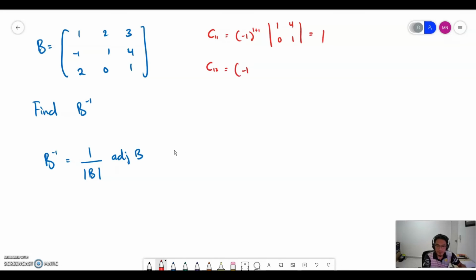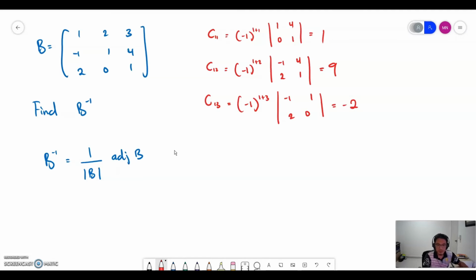C12, negative 1 to the power of 1 plus 2, negative 1, 4, 2, 1, and equal to 9. C13 equal to negative 1 to the power of 1 plus 3. The first row and third column, which means negative 1, 1, 2, 0. And this is equal to negative 2.